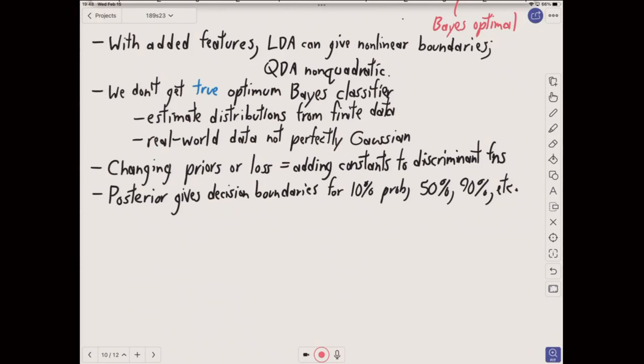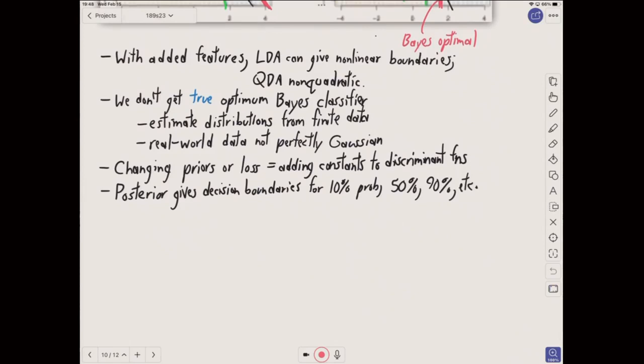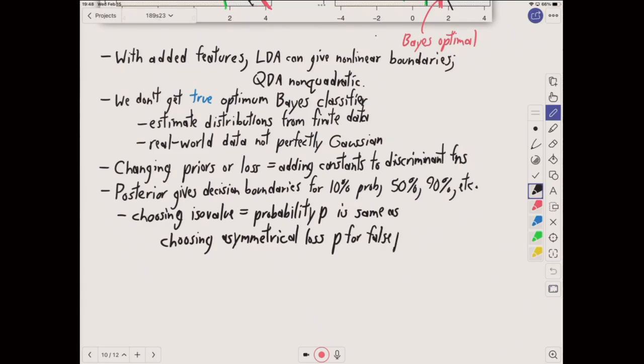So in particular, it's possible to show that if you, instead of picking the 50% ISO value, pick the ISO value equal to p, think of p as some probability, that is equivalent to choosing an asymmetrical loss where the loss is going to be p when you have a false positive and 1 minus p when you have a false negative.